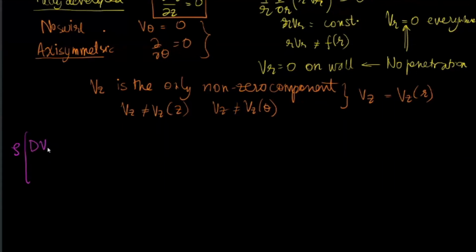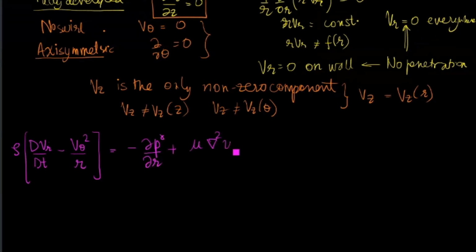I'll directly write it as Dvr/Dt, and additionally there will be a minus v theta square by r, is equal to minus ∂p star/∂r plus mu Laplacian of u. All the terms contain vr, which is equal to 0, so we are not so much concerned with the form of the terms. Those equations will be provided in the examination.